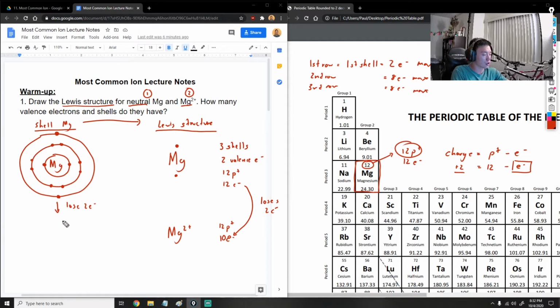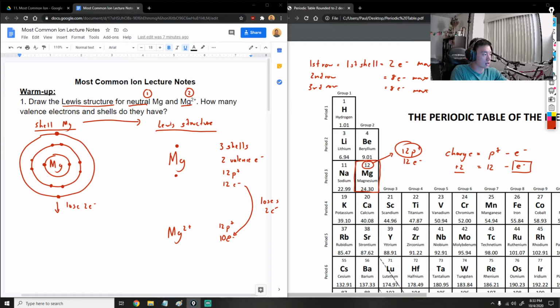We always want to get rid of the electrons from the outside in. So if we get rid of the 2 on the outside, 1, 2, you'll notice that there's no electrons in the outside shell anymore. That means the only thing that we have left if we take away 2 electrons is the first 2 shells.